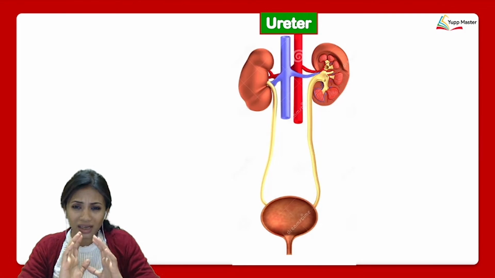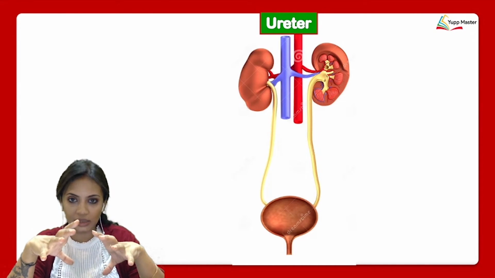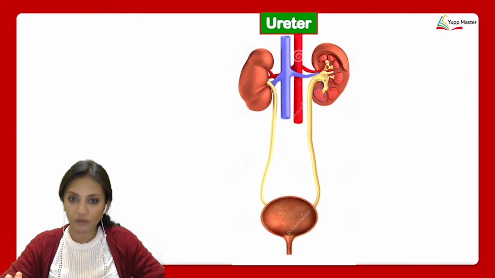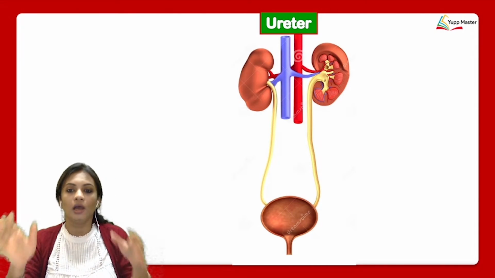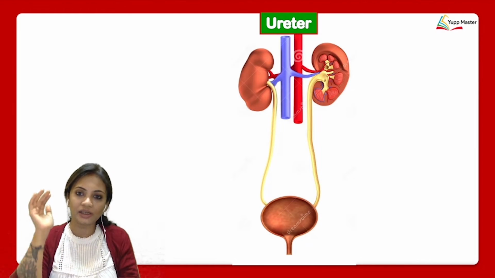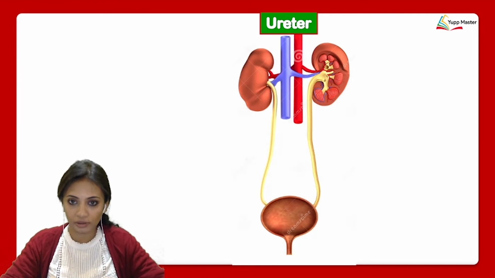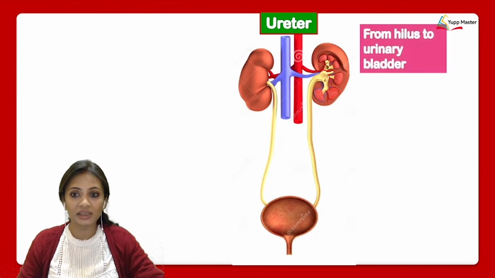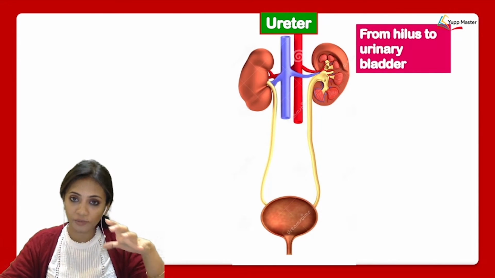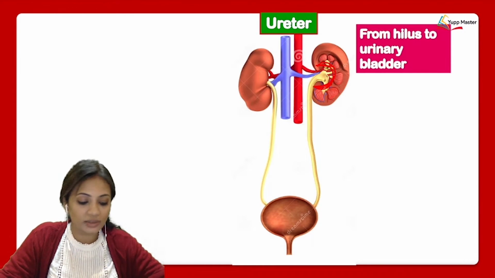Always remember, the complete urine is formed right at the level of the kidneys. Okay, there is nothing beyond the kidneys for urine formation. Whatever is happening beyond the kidneys is just helping the urine that's formed come to the outside. Okay, there's nothing beyond that. So ureters, they start from the hilus. What is the hilus? Remember that inner margin over here, this was the hilus.